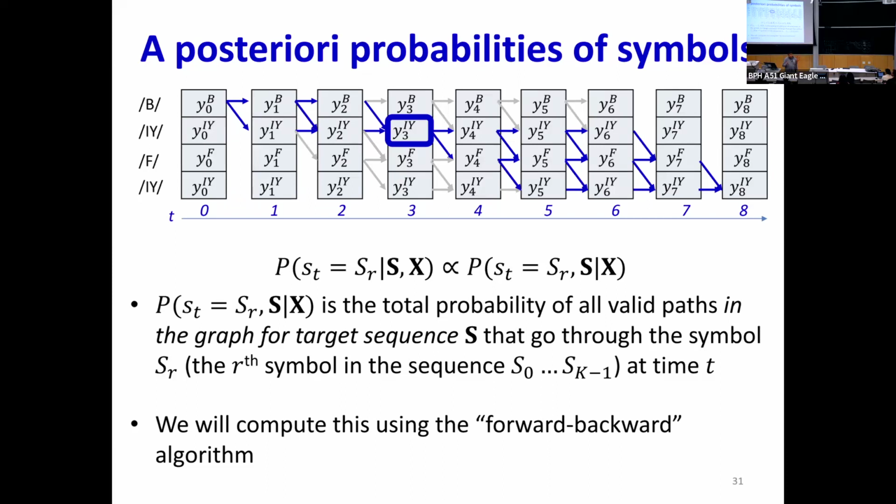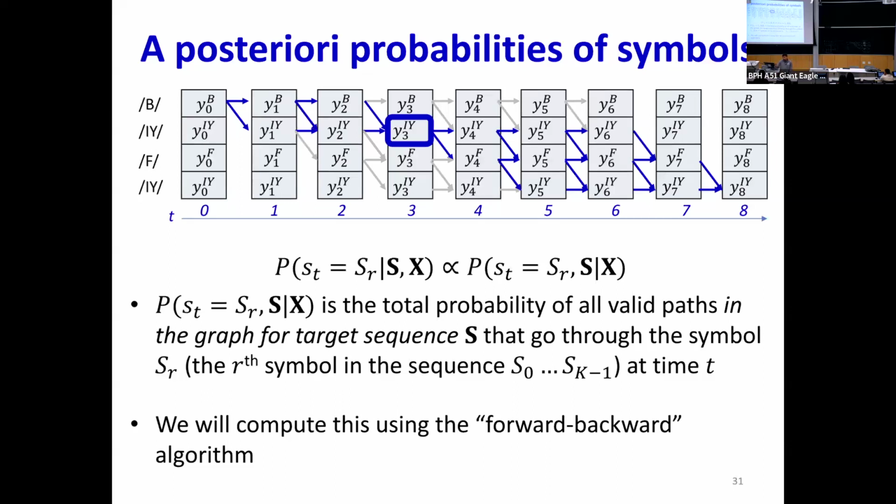But what's the probability that the second box is going to be the correct alignment? That is going to be proportional to the sum of the probabilities of all paths through the graph that go through that node. In other words, the probability that the third input aligns to E is going to be proportional to the probability of the subgraph shown by the blue arrows.